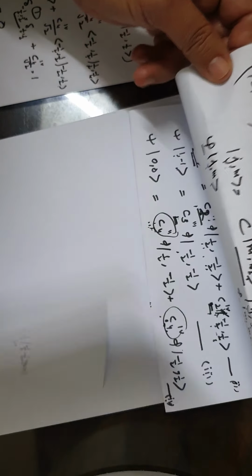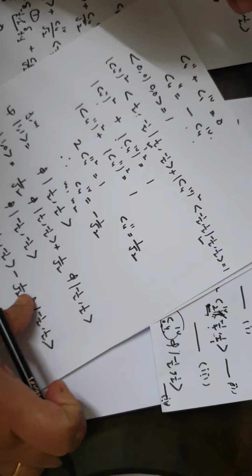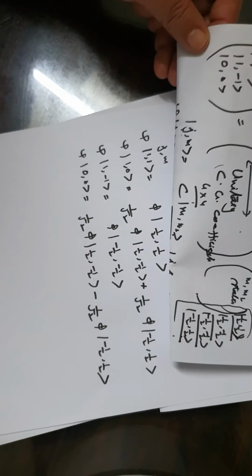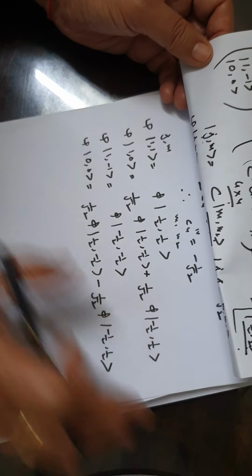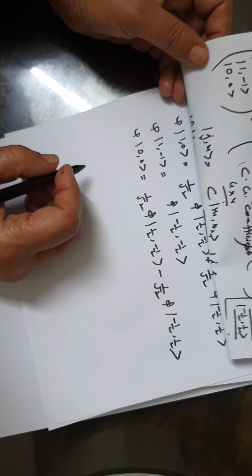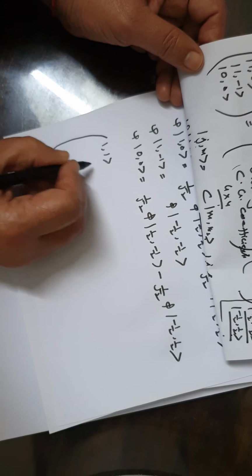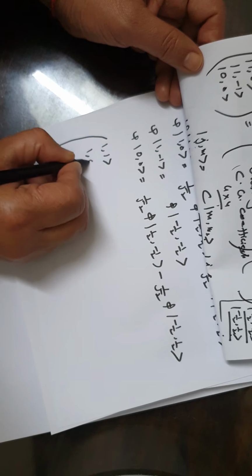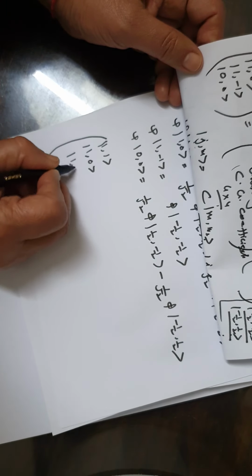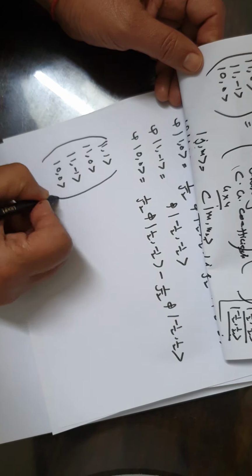So Jm state will be 1 1 1 0, 1 minus 1 0 0.